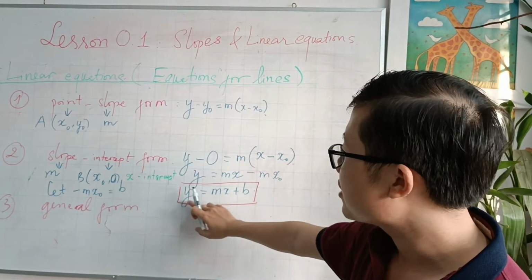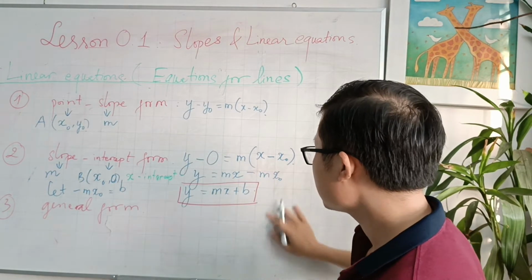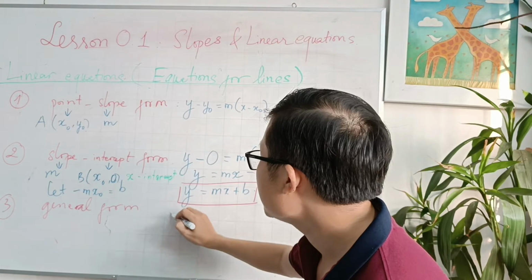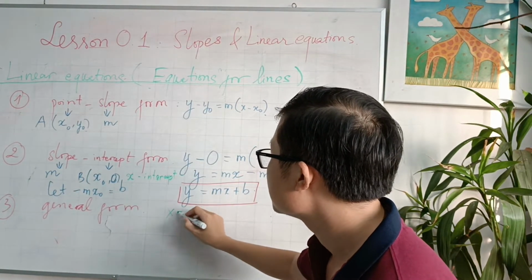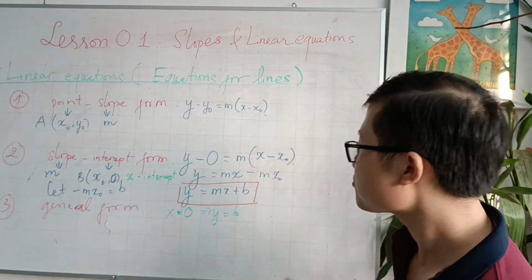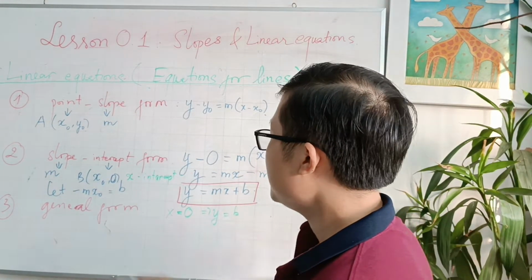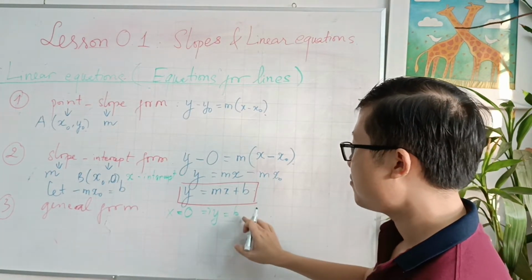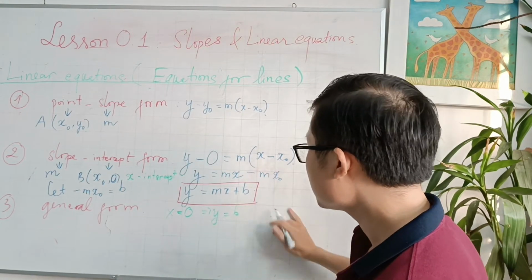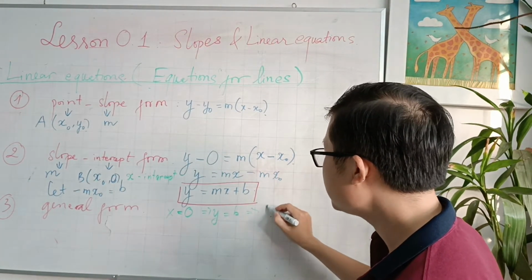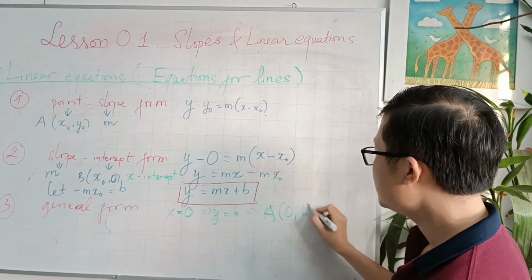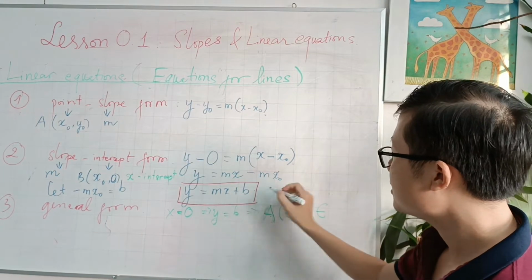When we have this form and we substitute x equals 0, we have y equals b. So the point (0, b) also lies on this line, and we have a point A (0, b) that lies on this line d.